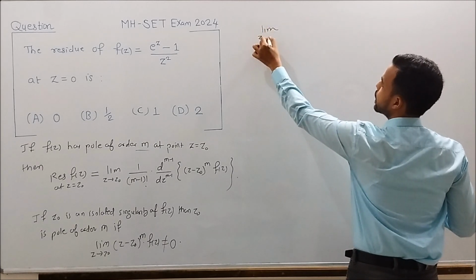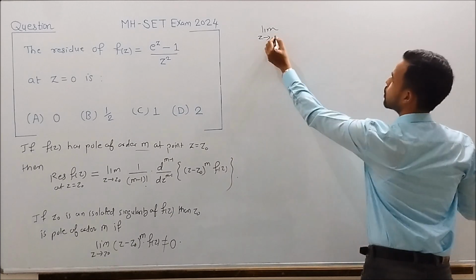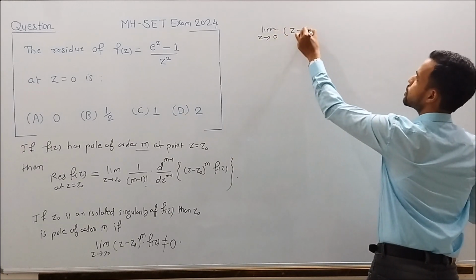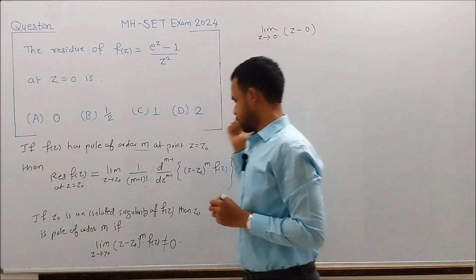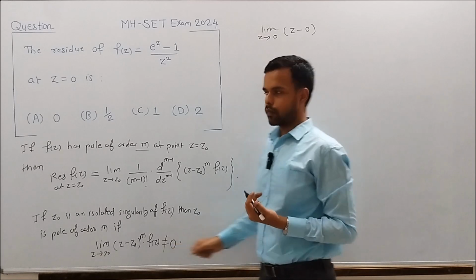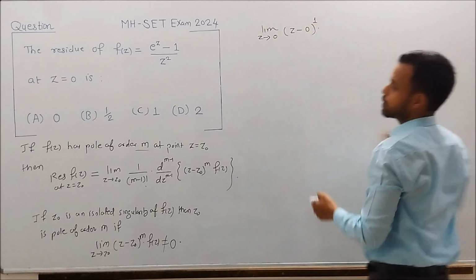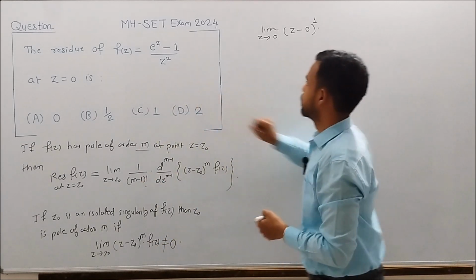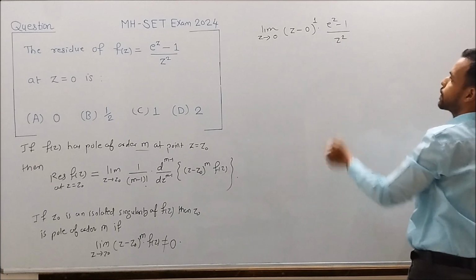Limit z tends to z0, which is 0, of (z minus 0). Let's take m equals 1 and check whether the limit is not equal to 0. So m equals 1 times f of z, (e to the power z minus 1) upon z square.